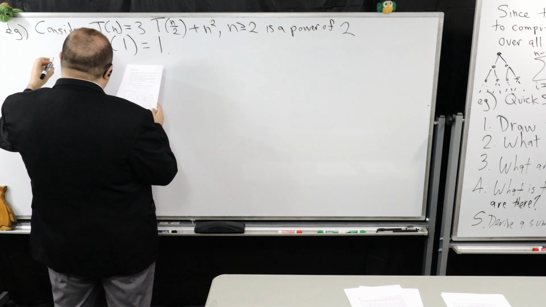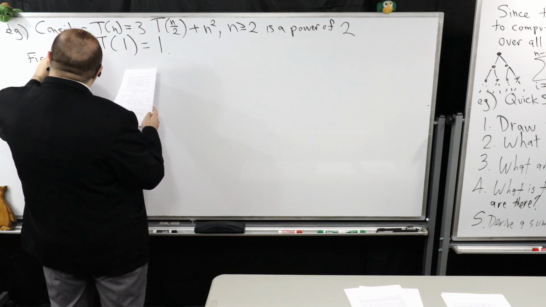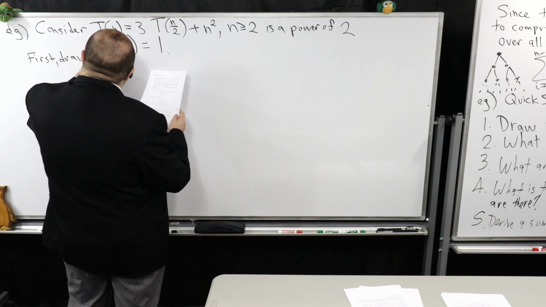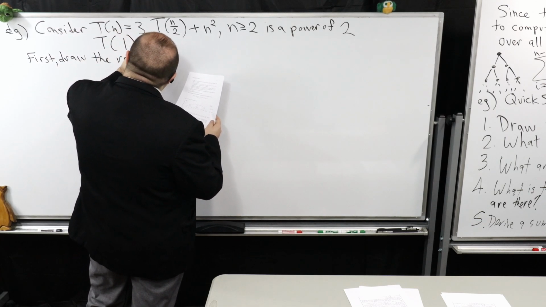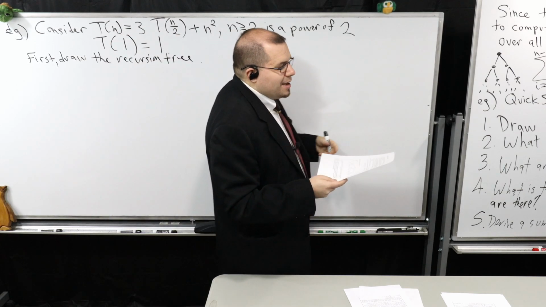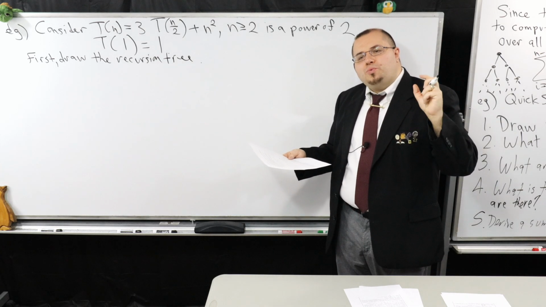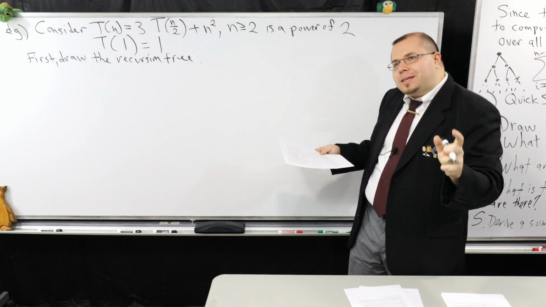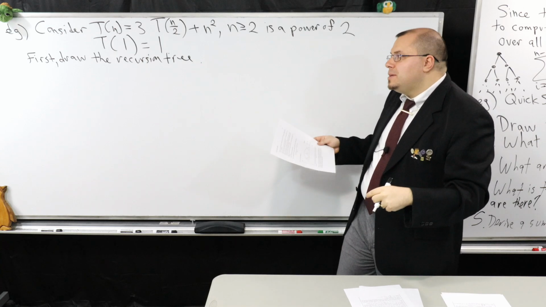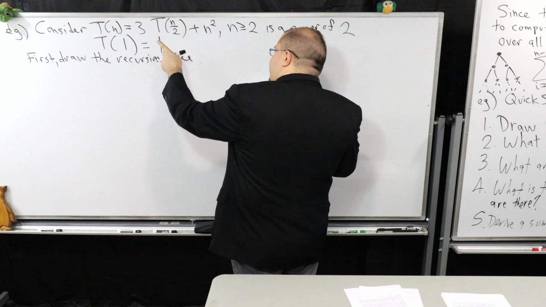And here we go. Let me first draw the recursion tree. As I suggested, for each one of my nodes, I'm going to label the node with the non-recursive work that happens at that call. The initial call is when I have T of n, right?